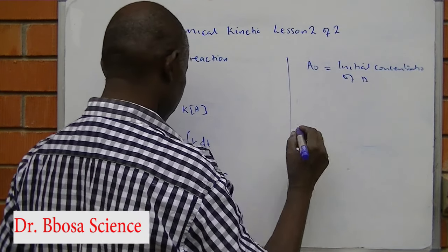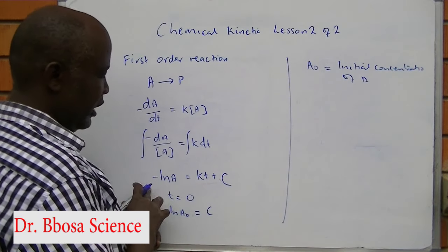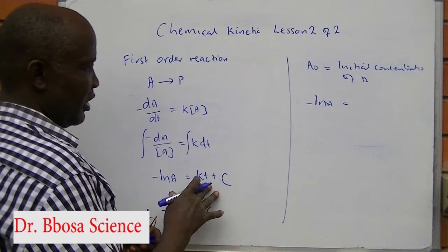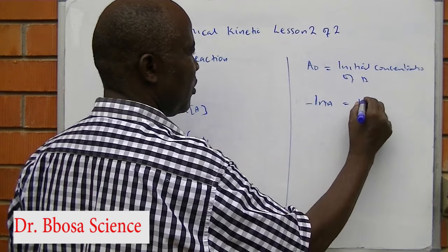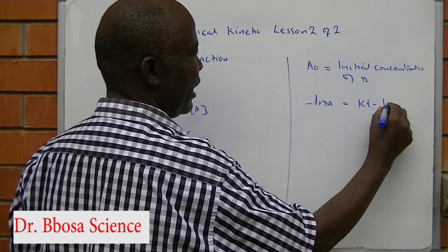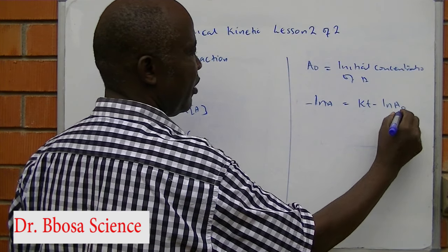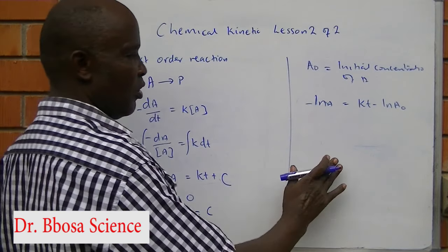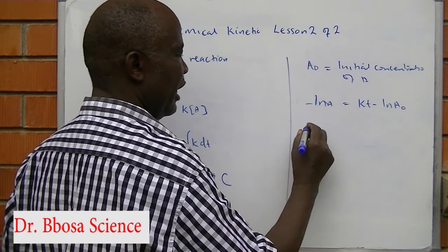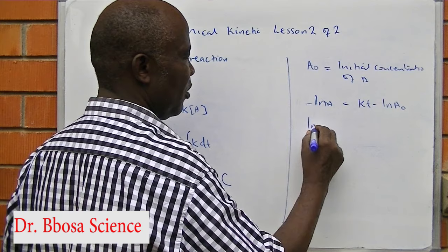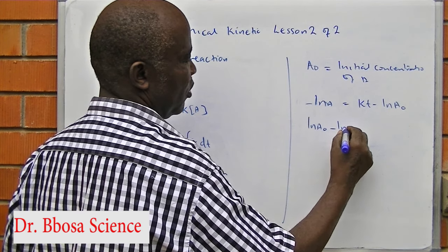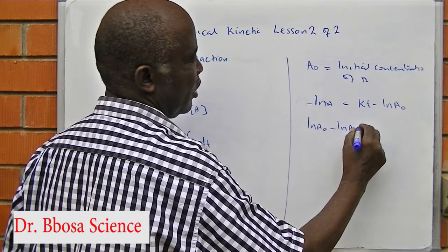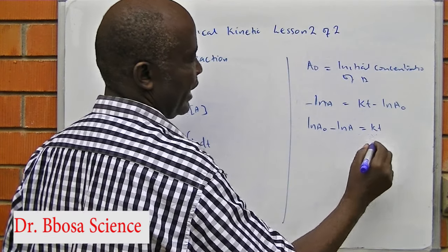Substituting for C, you can see that negative natural log A is equal to Kt minus natural log A naught, where A naught is the initial concentration of A. Collecting like terms, we can see that natural log A naught minus natural log A will be equal to Kt.